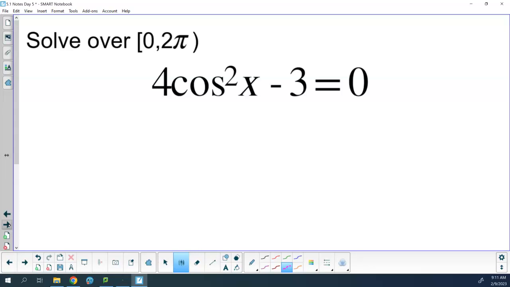So if I'm presented with something like 4 cosine squared of x minus 3 equals 0, okay, I can add 3 to both sides. All of my algebraic rules still apply. So 4 cosine squared of x equals 3. I can divide both sides by 4.